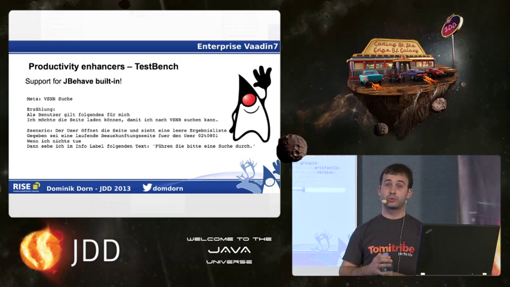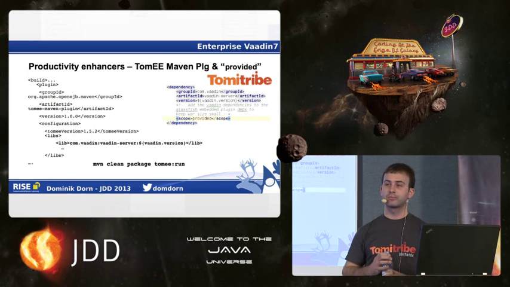Another nice trick, if you don't have the money for a Pro account or JRebel, is to use the TomEE Maven plugin and package all the dependencies of your Vaadin application as application server scope. With this trick, you're basically reducing the size of your WAR file to a few hundred kilobytes instead of megabytes.